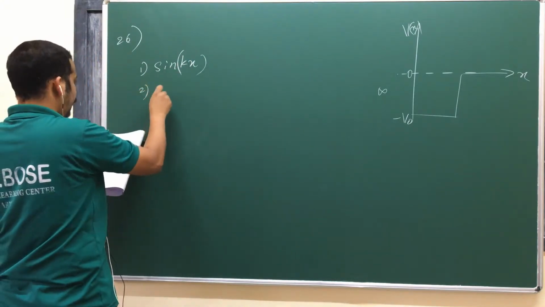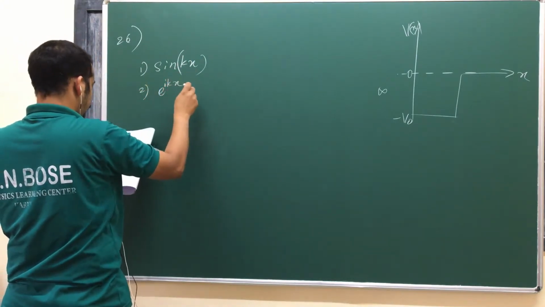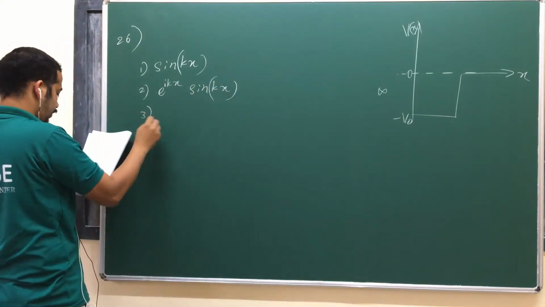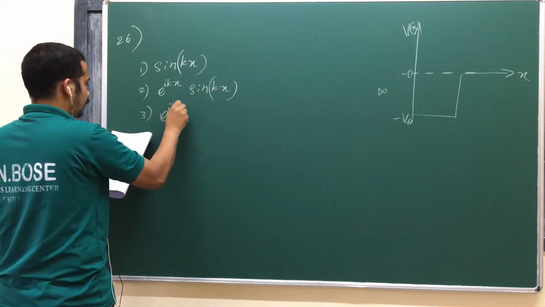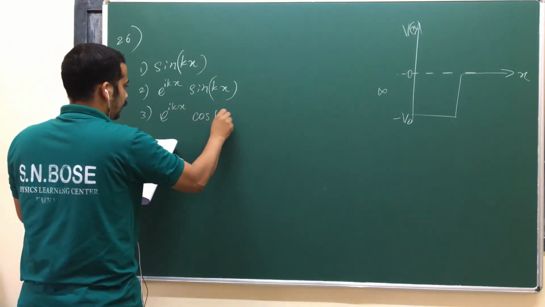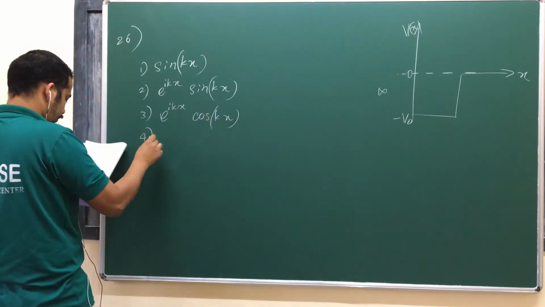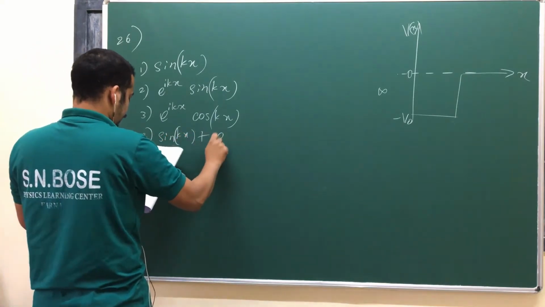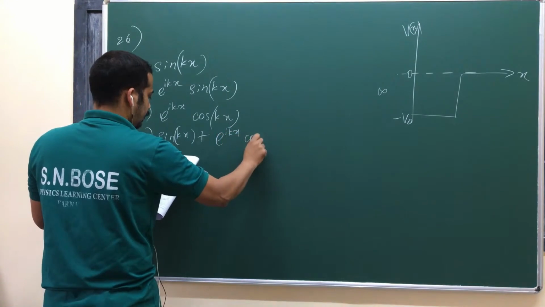Option 2: e power i kx into sin kx. Option 3: e power i kx into cos kx. Option 4: sin kx plus e power i kx cos kx.